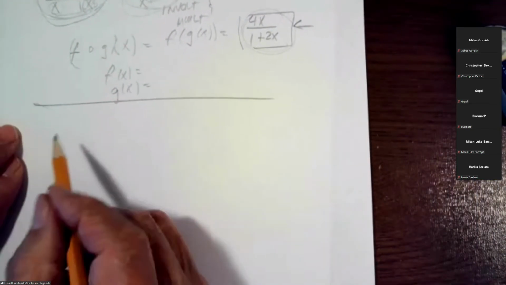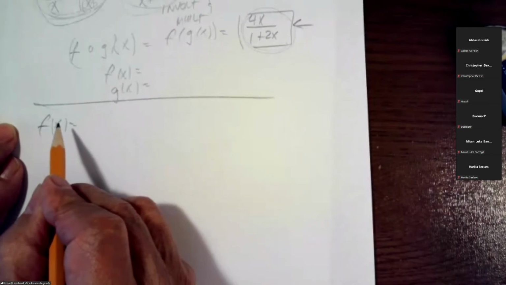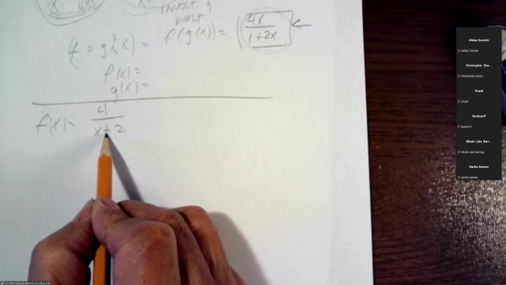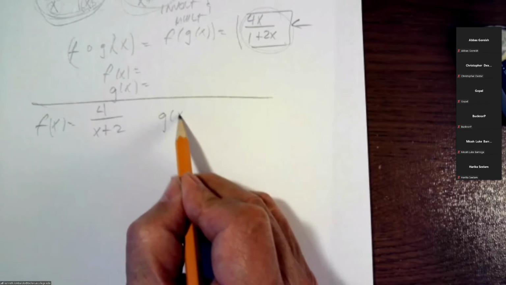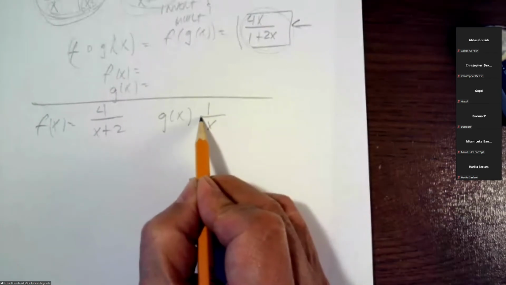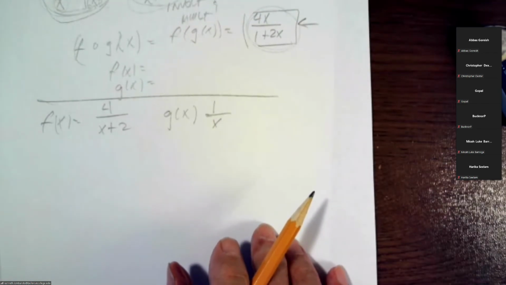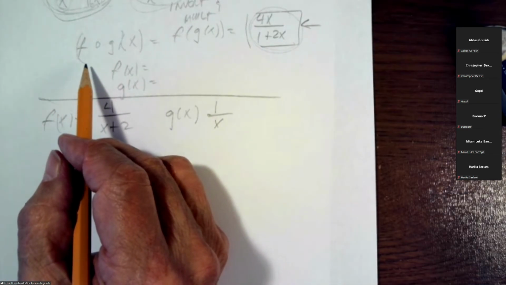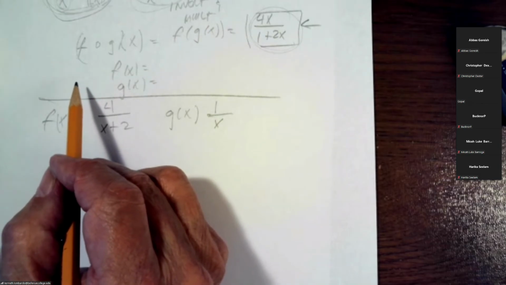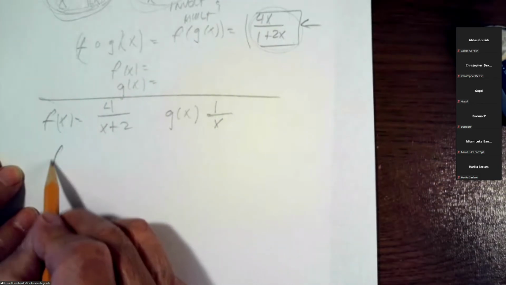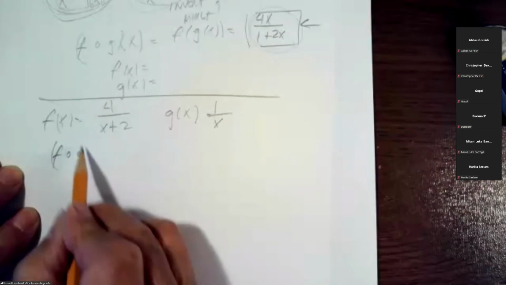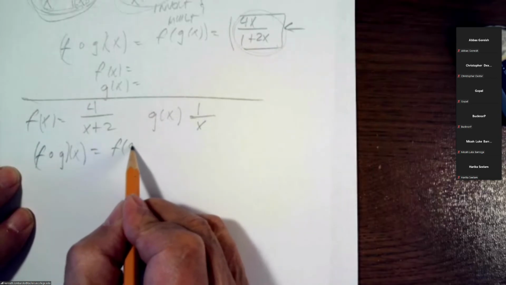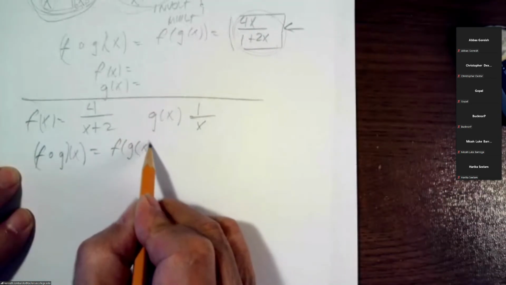We'll rework this thing. f of x we were given as 4 over x plus 2. That was the original. And g of x was given as 1 over x. And do we want to solve for f of g of x? Is that what you'd like me to solve? Yeah. Okay. f of g of x looks like f of g of x.